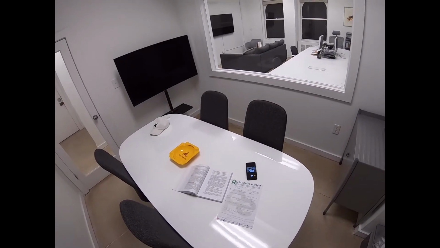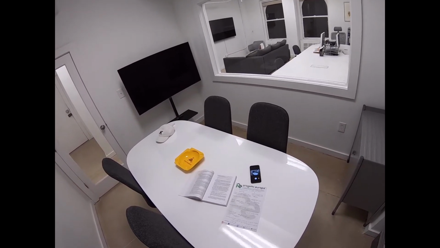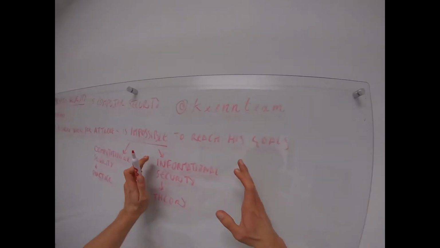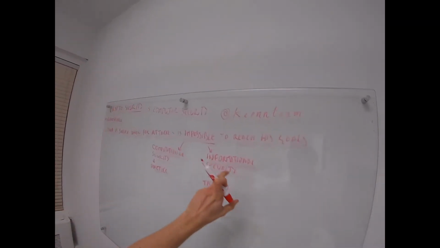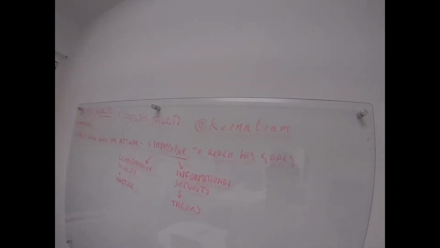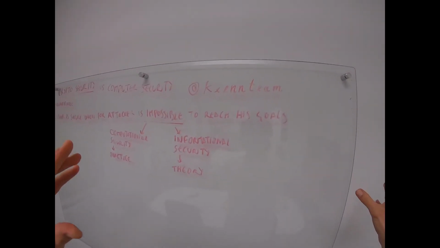Very important difference. First of all, let's talk about informational security. Informational security, guys, is like black or white. It basically tells you, okay, this cipher is secure or not secure.